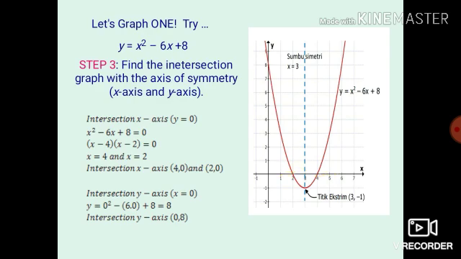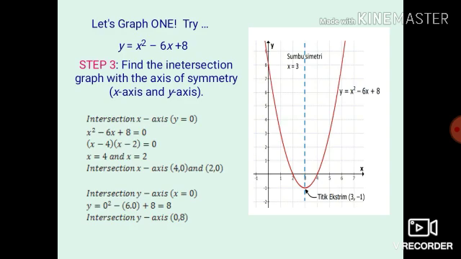And if we find intersection with the y-axis, the value of x is equal to 0. We must substitute in the equation x squared minus 6x plus 8. So 0 squared minus 6 times 0 plus 8. The value of y is 8.